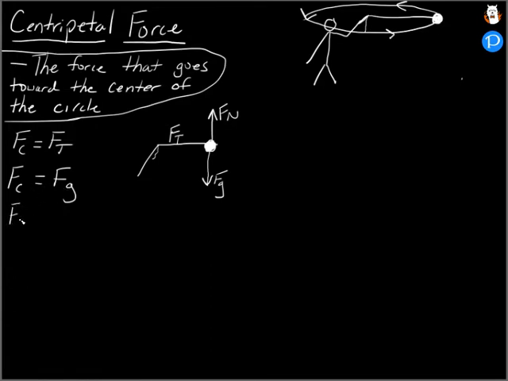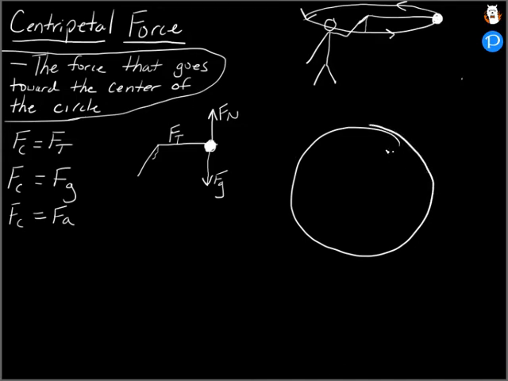Centripetal force could be maybe an applied force. So going back to the example I mentioned earlier about a ride, I don't know if this is still a ride, but the Gravitron. This would be the top view, looking down on it, and people are standing along the edge of this thing.